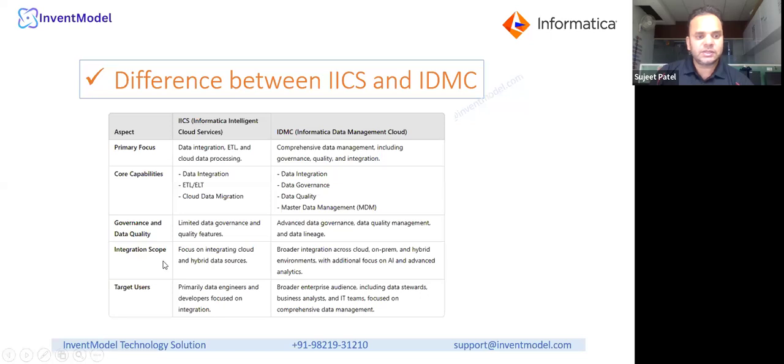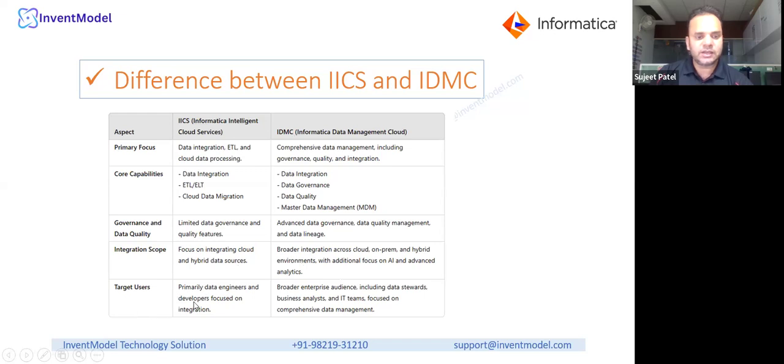Integration scope, if we discuss, IICS focuses on integrating cloud and hybrid data sources. IDMC offers broader integration across cloud, on-prem, and hybrid environments, with additional focus on AI and advanced analytics. So that is the feature we have for IDMC.